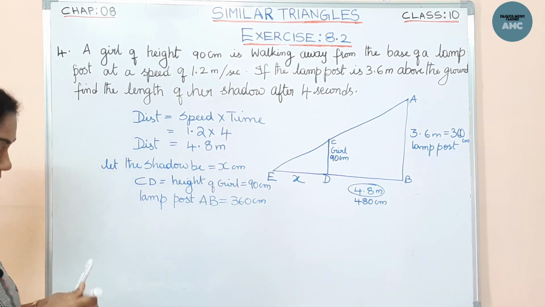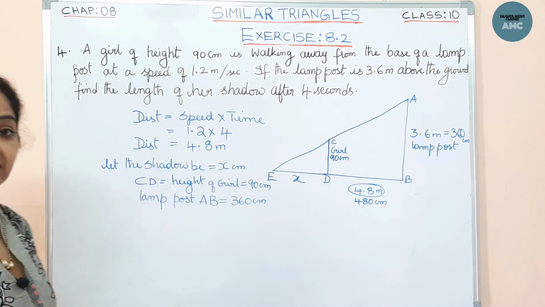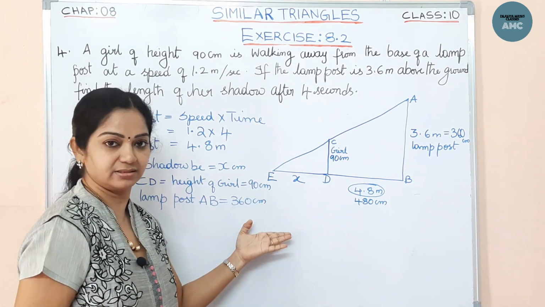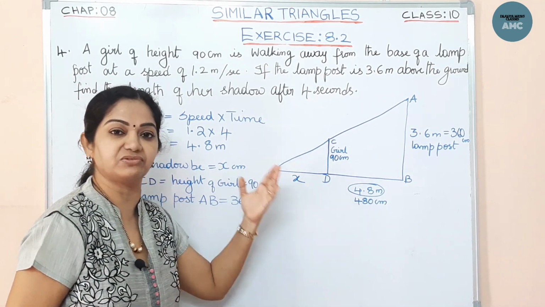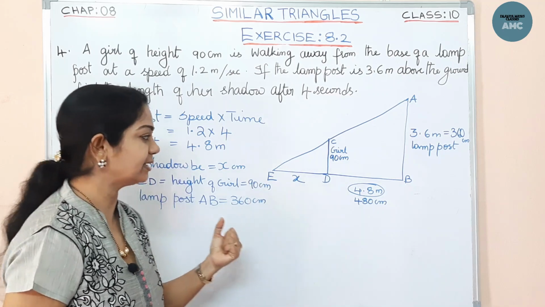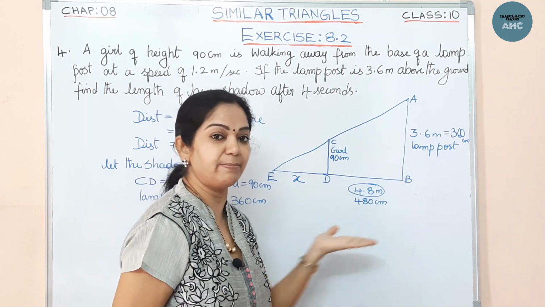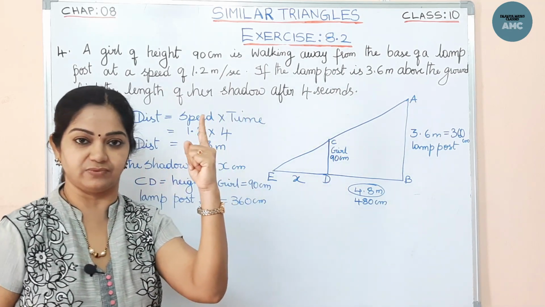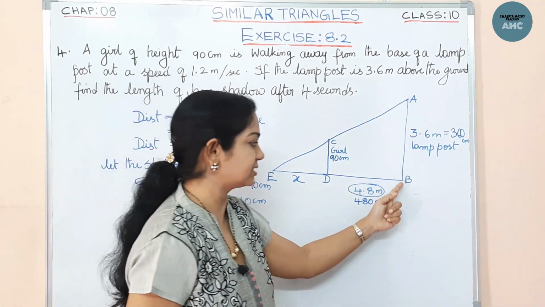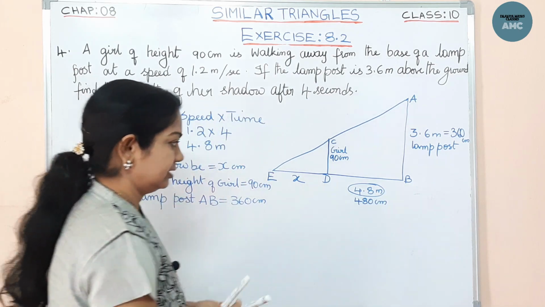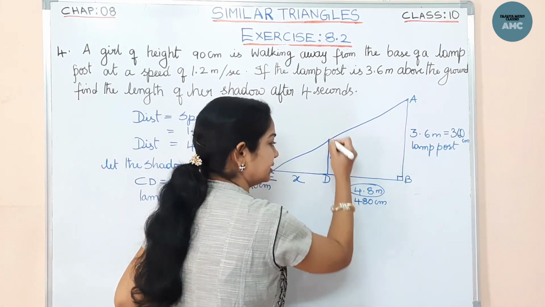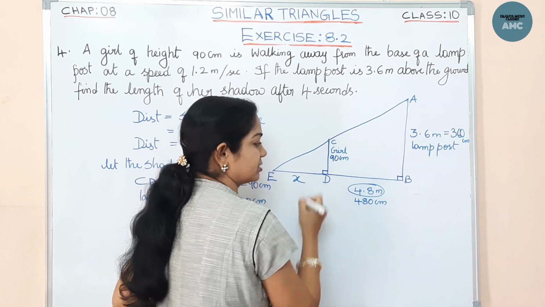Now what we have to do? This problem is in similar triangles, isn't it? So we have to go for the criterion of similarity. Now I'll be comparing. Let me take two triangles here. See here, the lamp post from the base. Lamp post means straight one, isn't it? Lamp post to the base will always be 90 degrees. This is 90 degrees, and the girl is standing erect, so that is also 90 degrees.